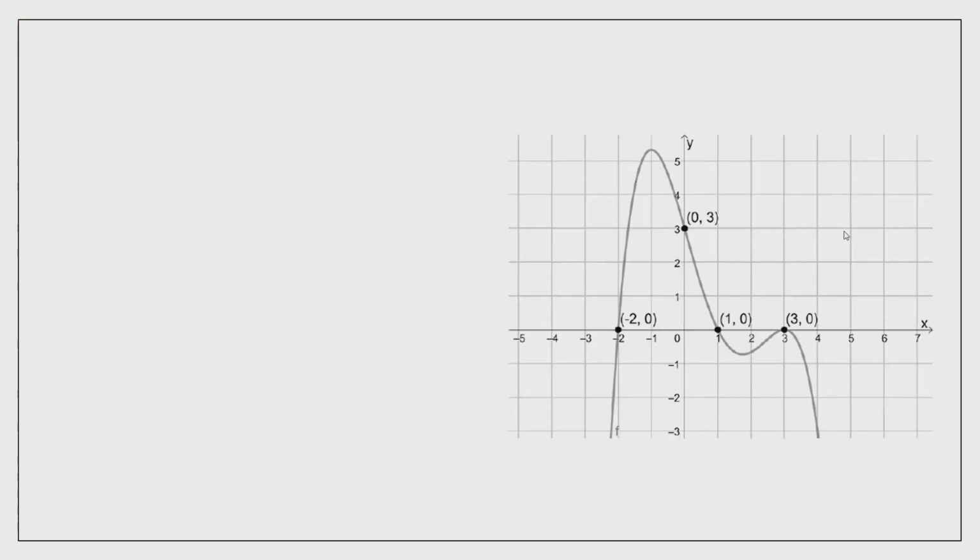So g of 0 equals 3. So that means 3 equals a times... well, let's first write out g of x before I plug it in, just so that it's a little clearer. That's a times x plus 2, x minus 1, x minus 3 squared.